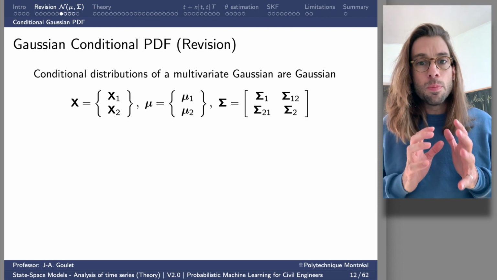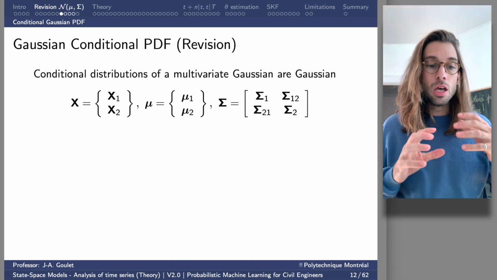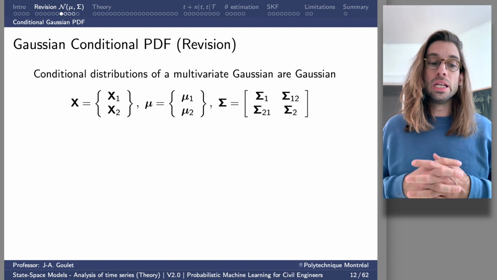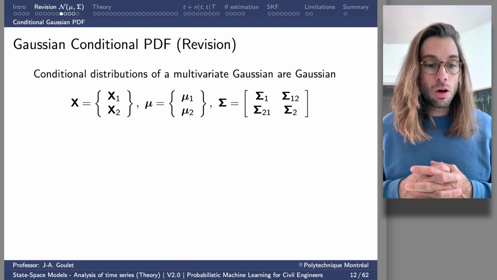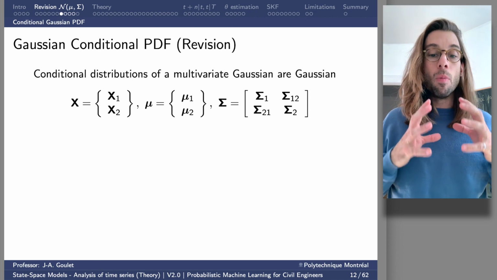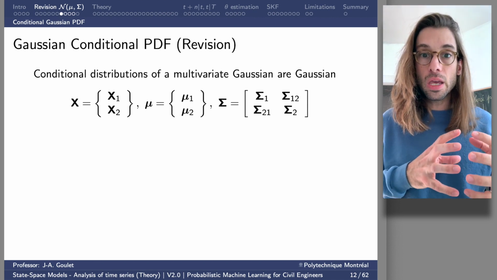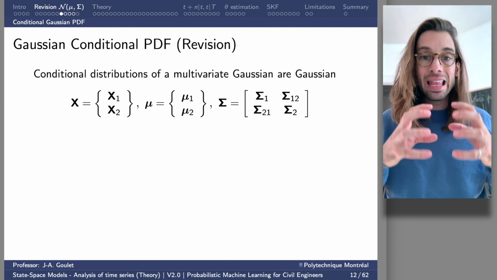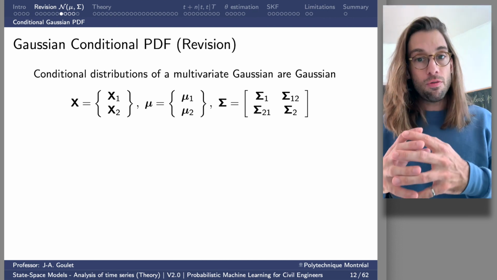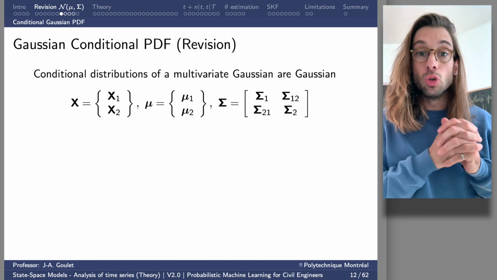Okay, the second key property on which we're going to build in this module is the Gaussian conditional PDF. We have already seen that the conditional distribution of a multivariate Gaussian is still Gaussian. That means we're going to be able to do Bayesian inference in an analytically tractable way.